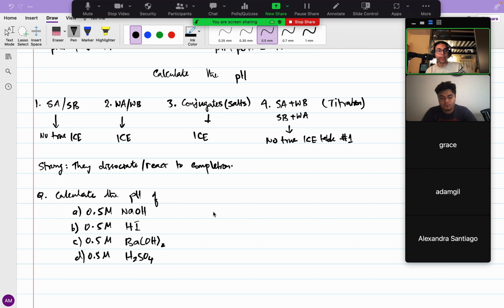Oh, and one more thing. You need to memorize the list of strong acids and strong bases to distinguish what's strong and what's weak.